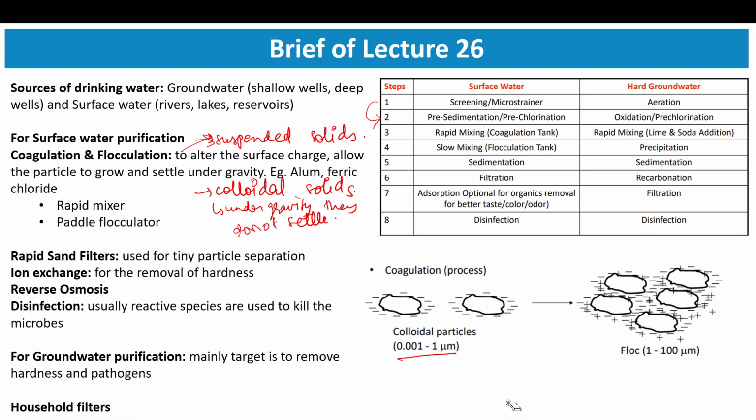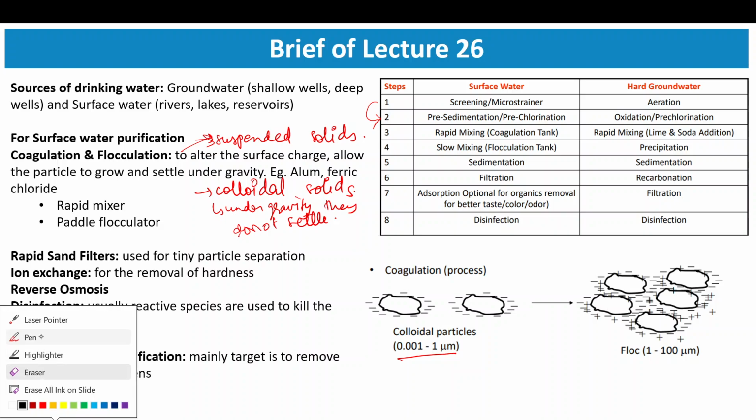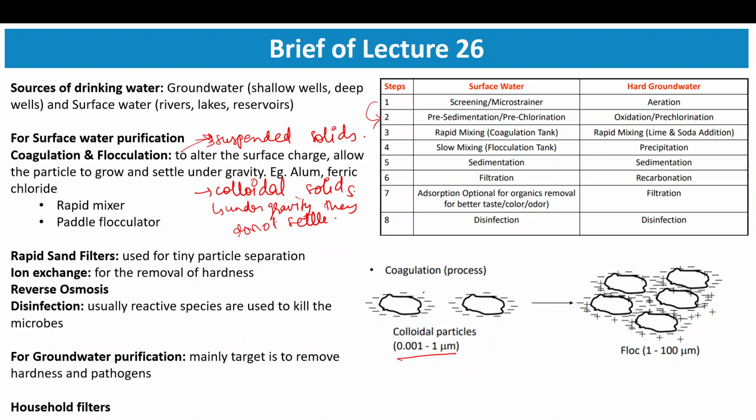What we are utilizing here is that because of the negative charge of each of these small particles, they remain separated because of the repulsive force. Because they have similar charges, they don't like each other.